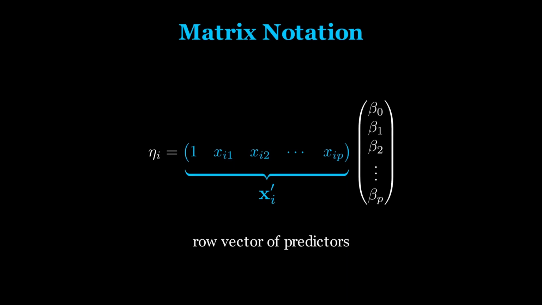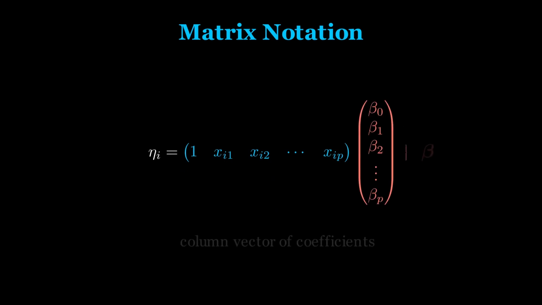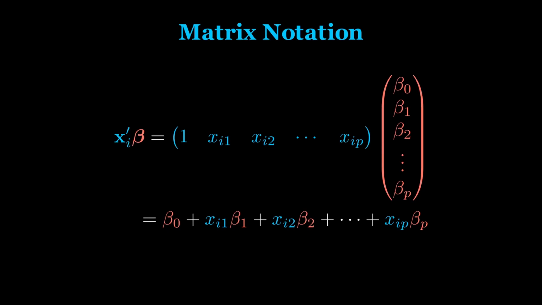We transpose X sub i to get a row vector. The transpose is denoted by the prime symbol. Beta represents the column vector of coefficients. The dot product of these two vectors gives us the familiar form of a linear regression model. Now whenever you see a vector, you'll know that it's just shorthand to represent several variables or coefficients at once.